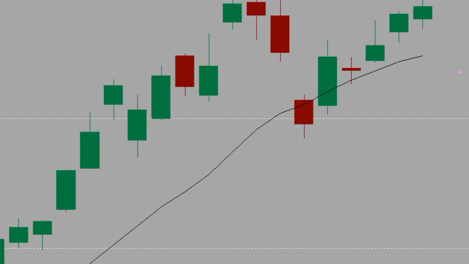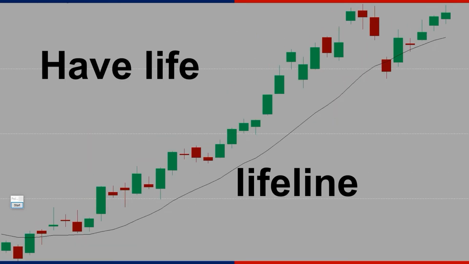Even here the price has some very big drops, but when it hits this line, it gets support and then goes bullish up again. So this is how the lifeline works. It is a very important support, and it tells us this stock has life, so it will continue bullish up and have a chance to make much more profit.